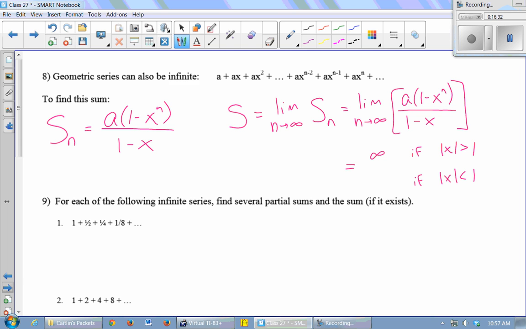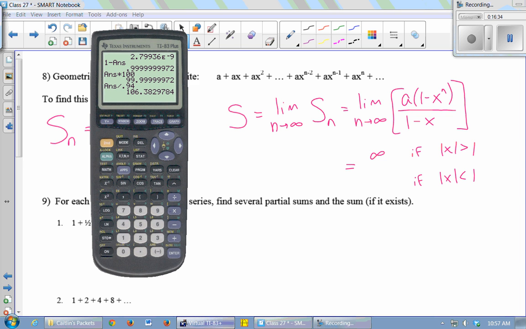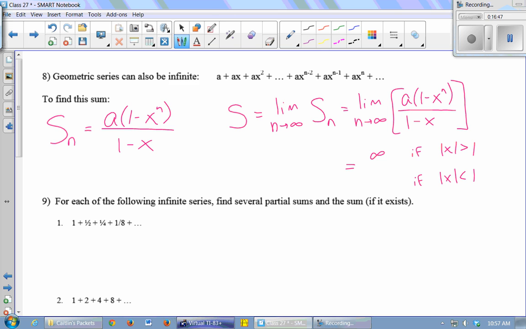You could just check it if you want. Let's take a small number like 0.1 and raise it to the 10. We get a much smaller number, right? 0.1 raised to the 100 is giving me 0 already because it's so small. So x to the n goes to 0 as n goes to infinity when x is small.